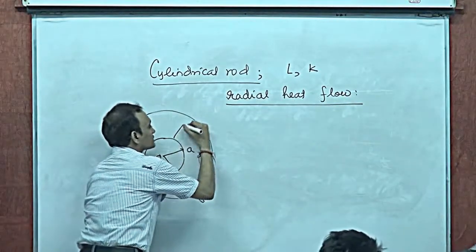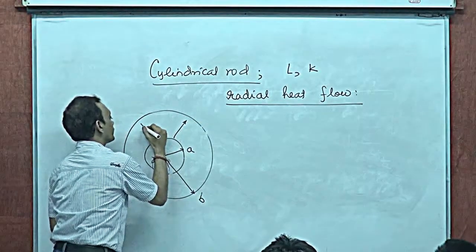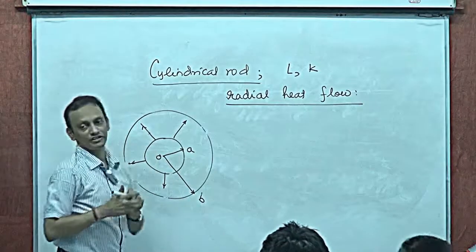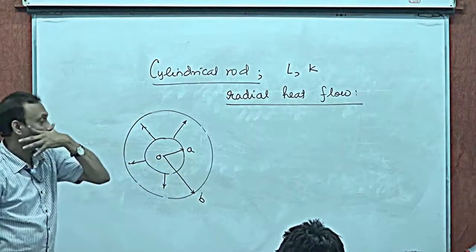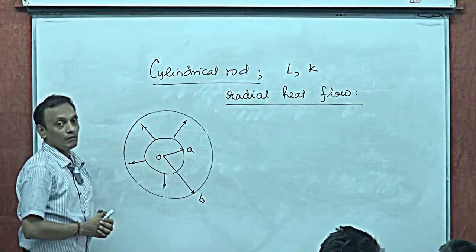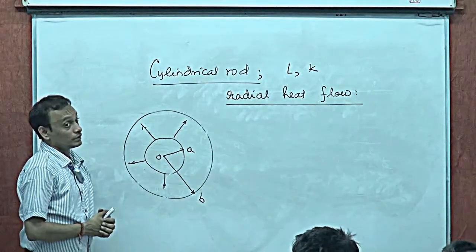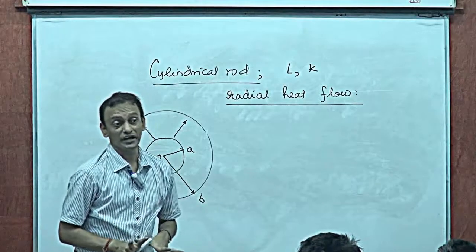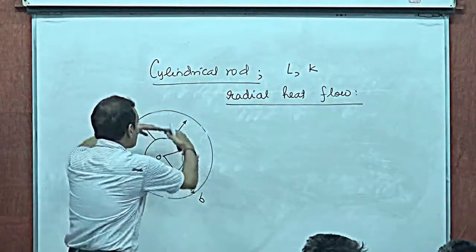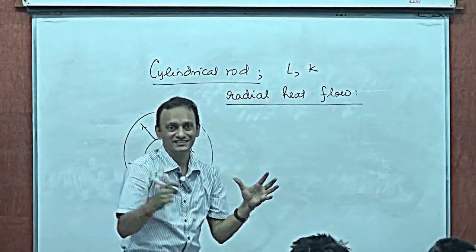Heat flowing like this. Radial flow of heat. That's radial flow of heat, right? Now, once again, radial or longitudinal. The area of cross section in this case is varying, isn't it?